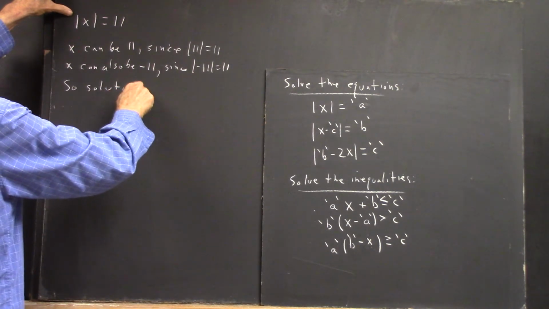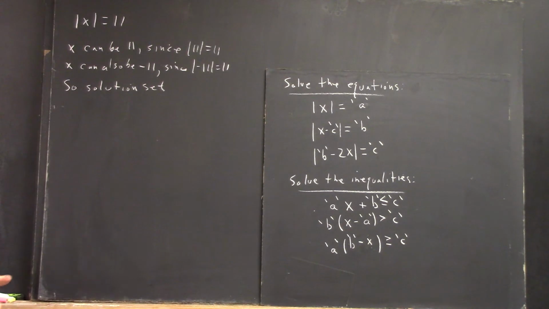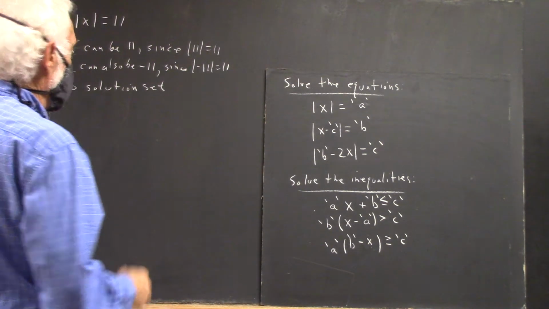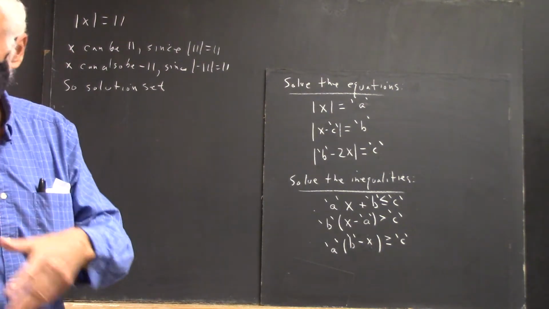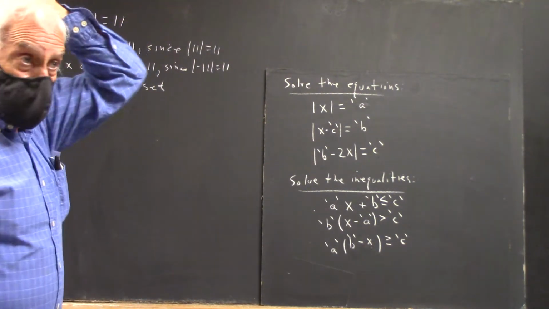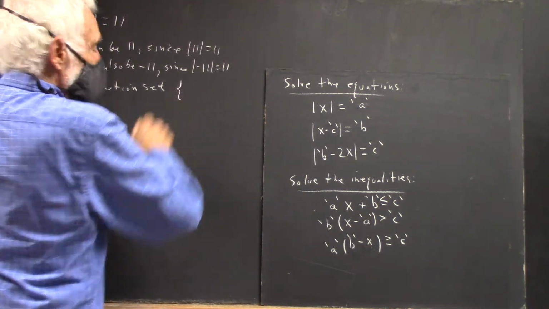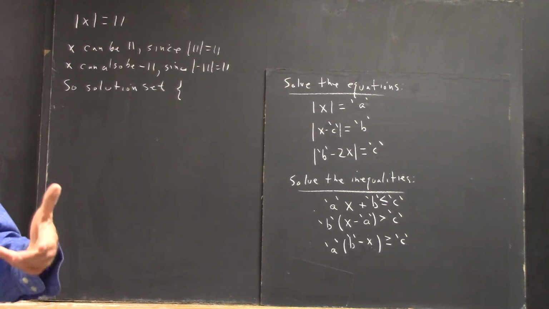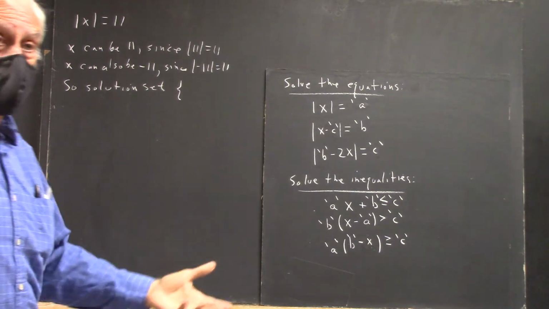Now, I'll write this out as a solution set. I don't know that Open Math asks you to do this. It's a good idea to understand the notation. Open Math probably would let you put in 11, comma, negative 11 or something like that. I don't know if Open Math would even accept it, so do what Open Math accepts if you're doing your homework in Open Math.